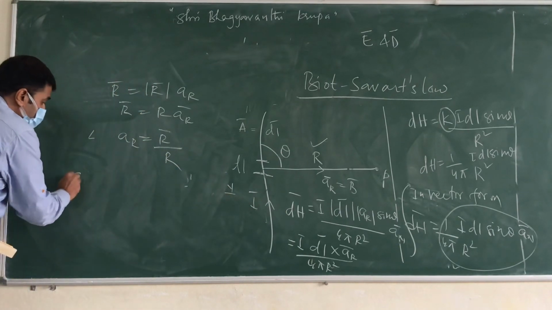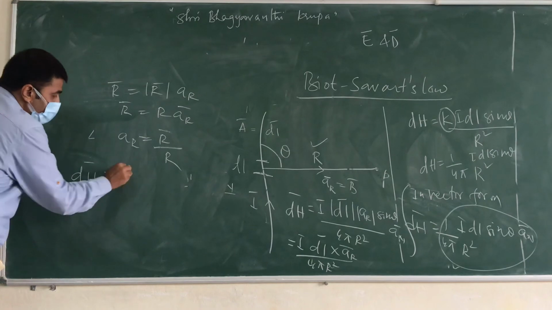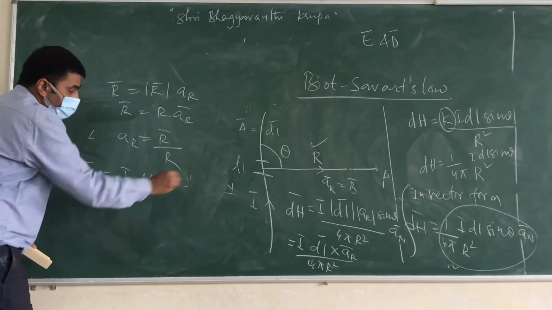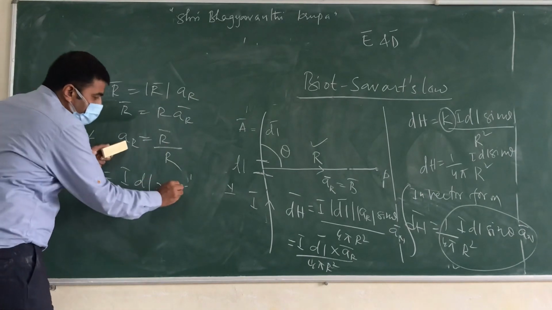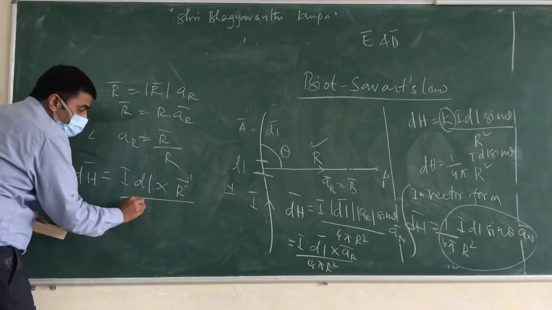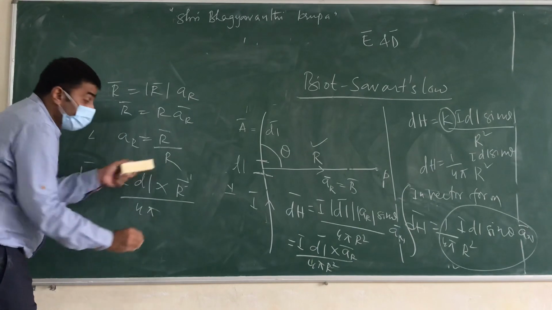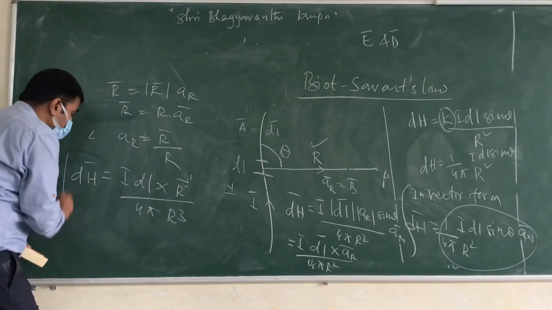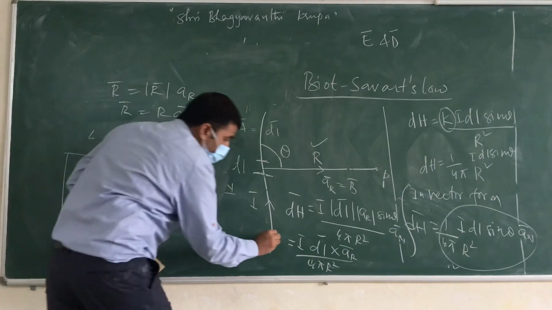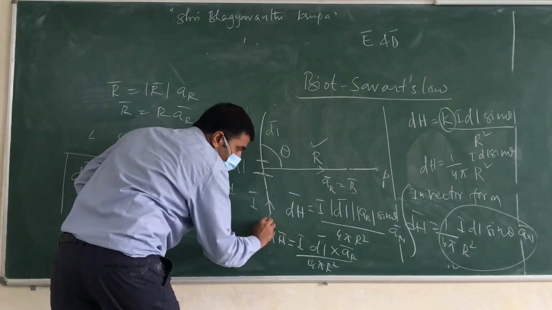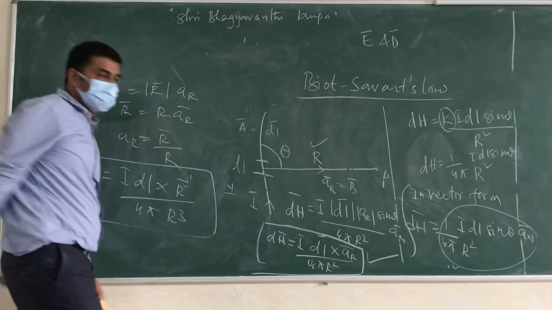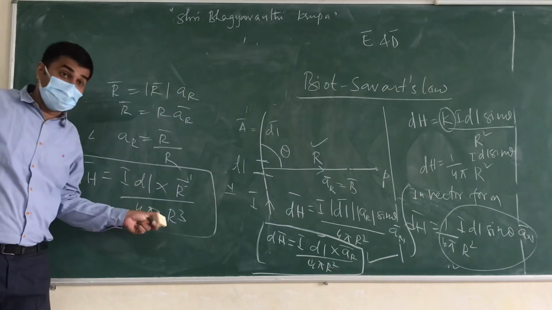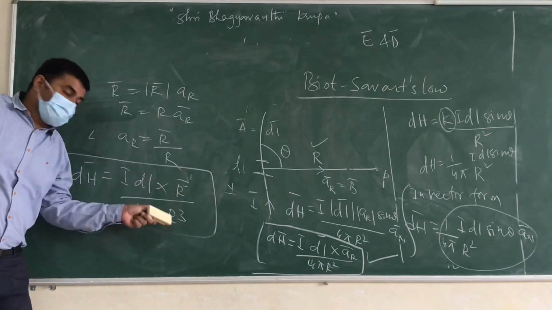Even dH bar is equal to I dL. If you don't want it in terms of aR bar, then what is your aR bar? R bar, so dH bar is I dL bar cross R bar divided by 4 pi R cube. This is one expression and this is another expression, but we use this one. Even in one textbook he made this mistake: he kept R bar but it is still R square.